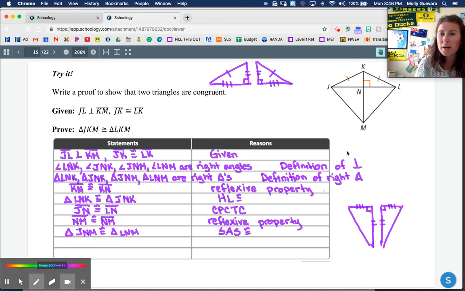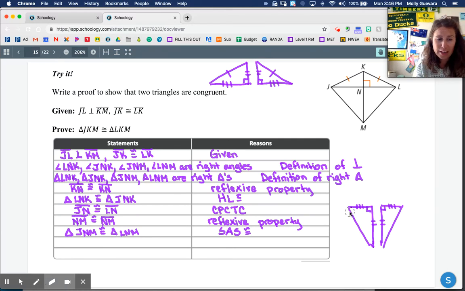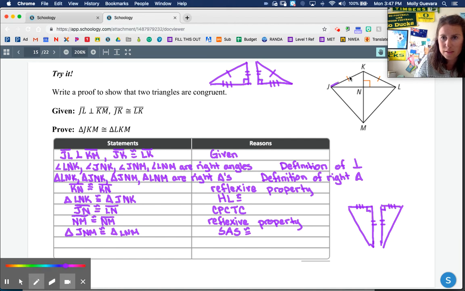So what I've done is I've proved that these top triangles, these two top triangles are the same, and these two bottom triangles are the same. So what I'm looking at then is the whole triangle. Is this triangle the same as this triangle?